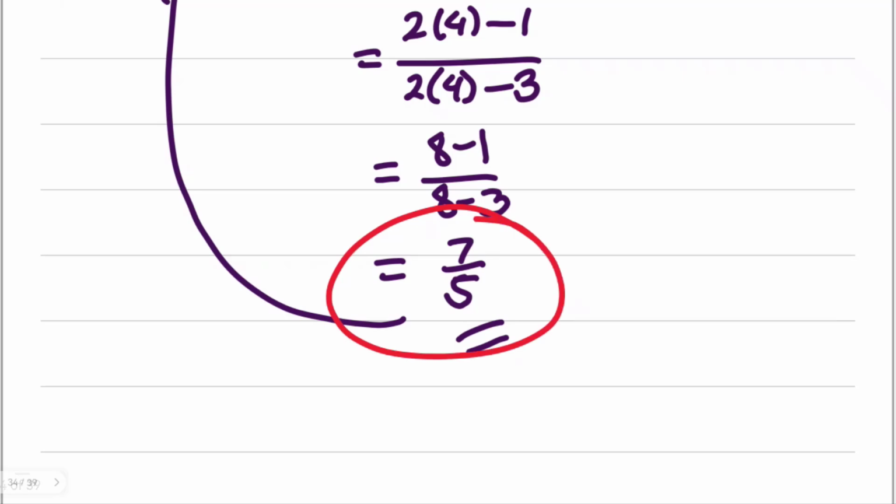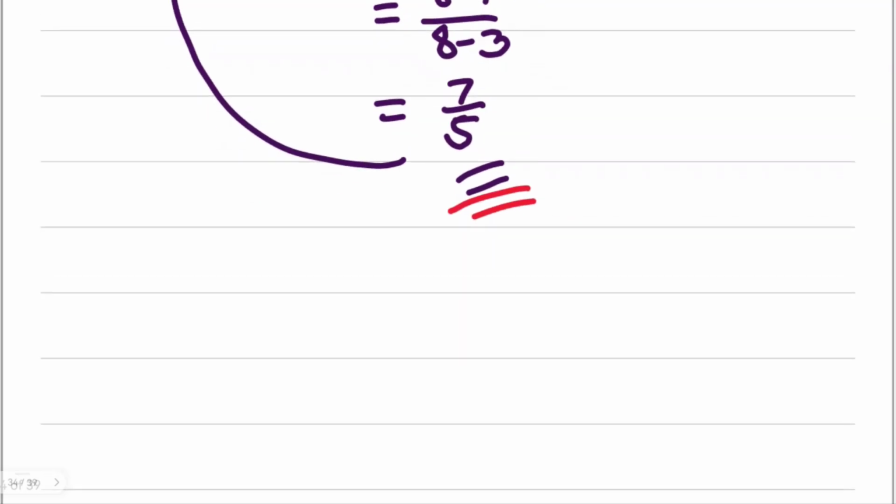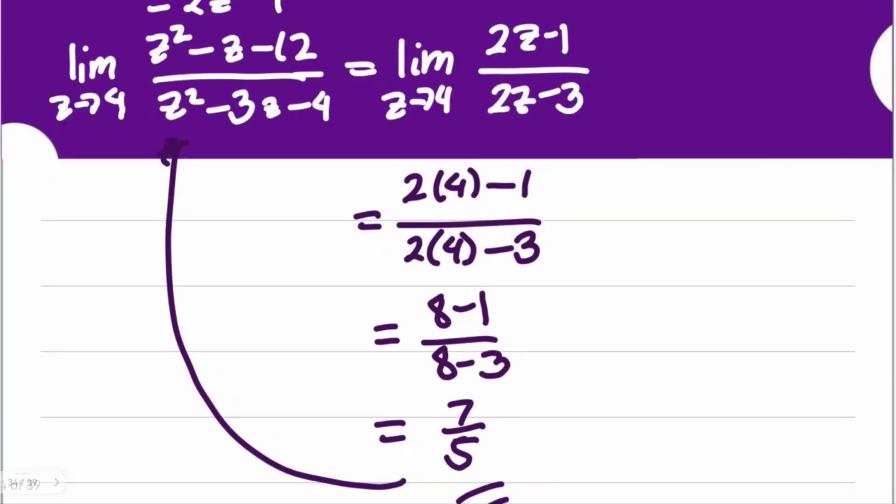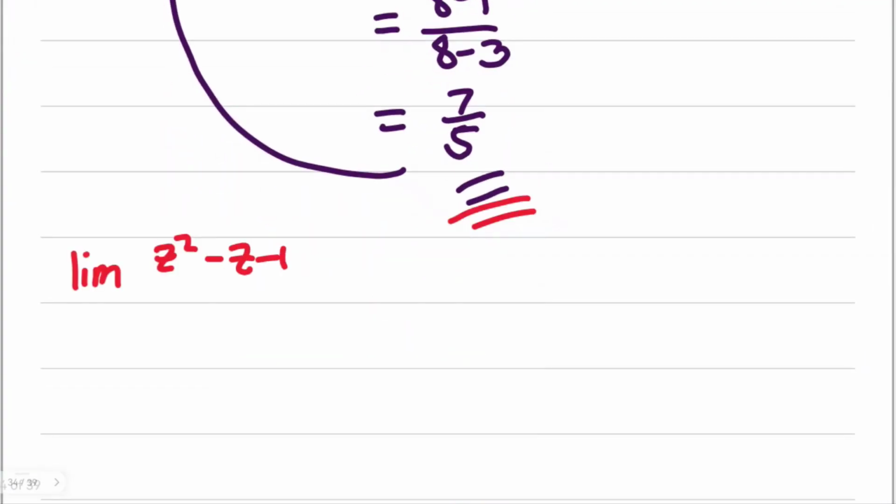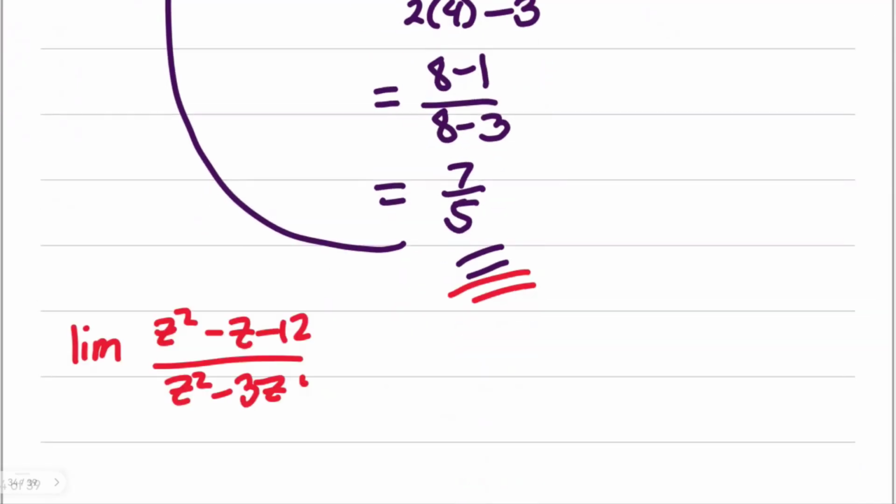This function, which was earlier an indeterminate form 0 over 0, using L'Hopital's rule, now has the correct answer. Now, I told you earlier, there's also one method that we have learned in our calculus, the method that will allow us to factor the original function. Supposedly, we have here z squared minus z minus 12 over z squared minus 3z minus 4 as z approaches 4.